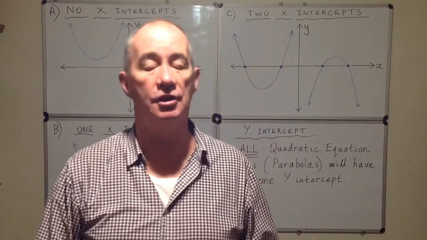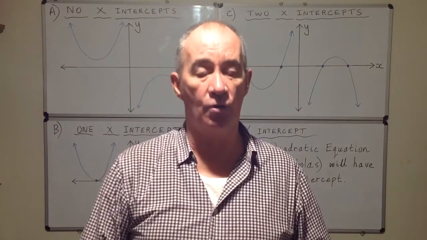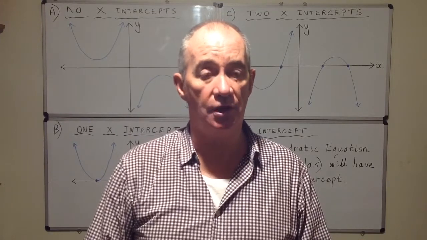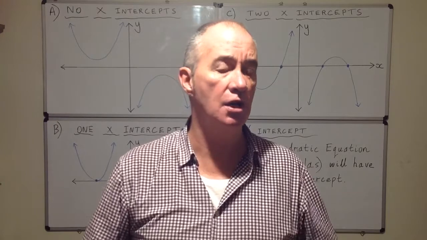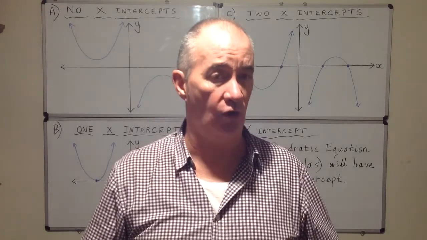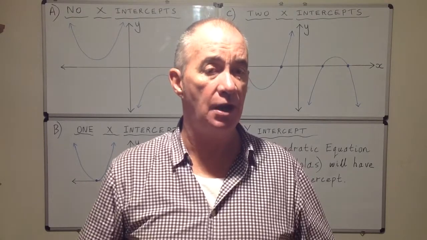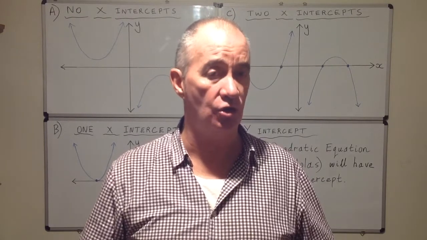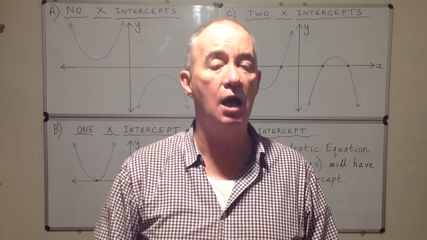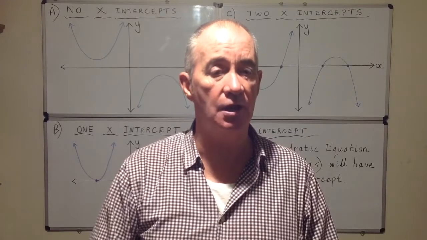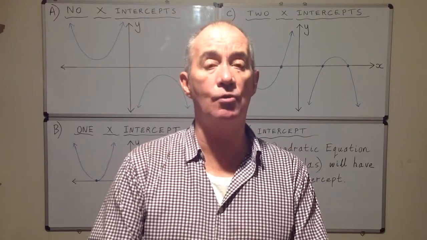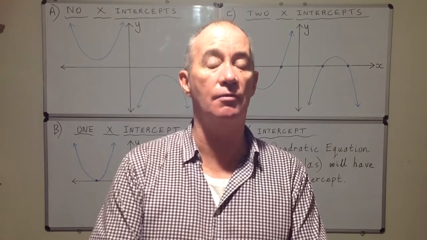So, this is what you need to remember. When we're drawing graphs of quadratic equations, depending on where the parabola graph is positioned on the xy plane, there are three possibilities for the number of x-intercepts that the graph can have. The first possibility, A, is some quadratic equation graphs have zero x-intercepts.